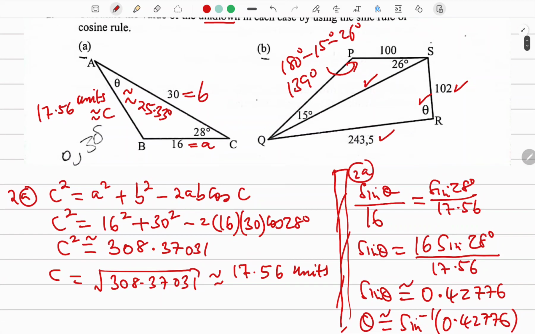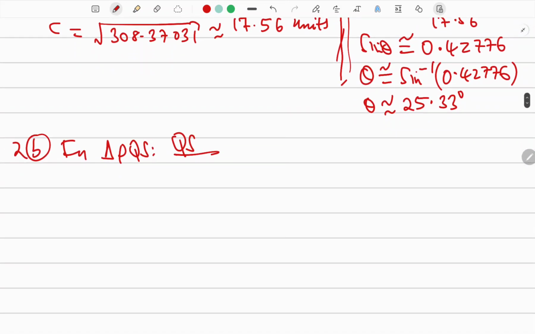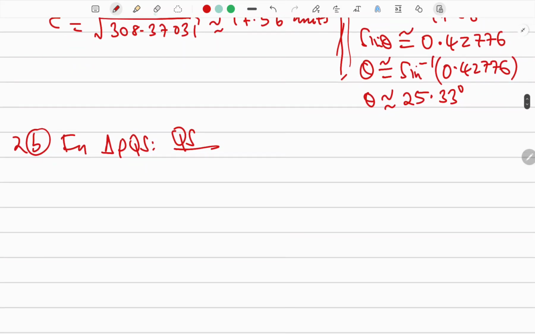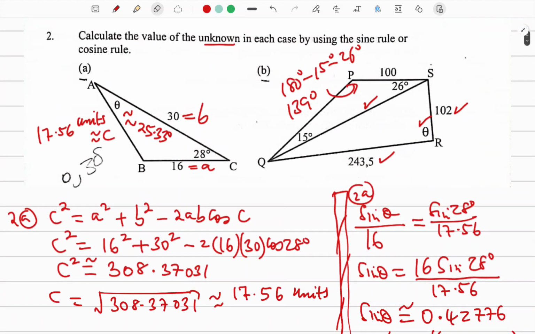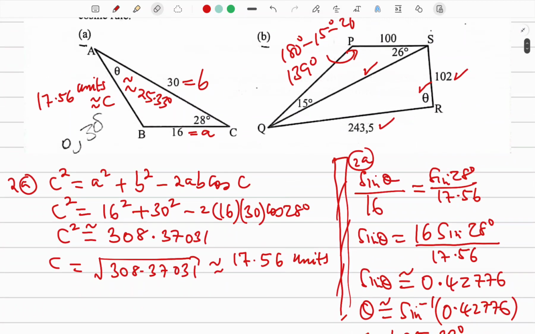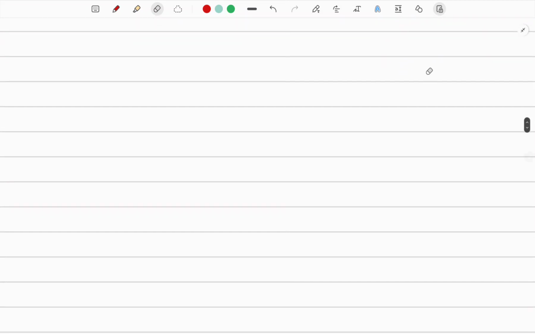Okay, let me just load the shape again. In triangle PQS, I want to have the triangle drawn here so that we are able to visualize what I'm talking about, otherwise it will not make sense.